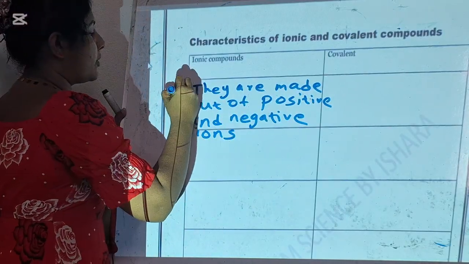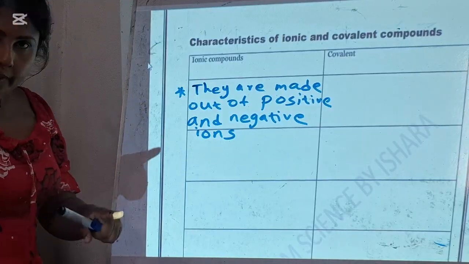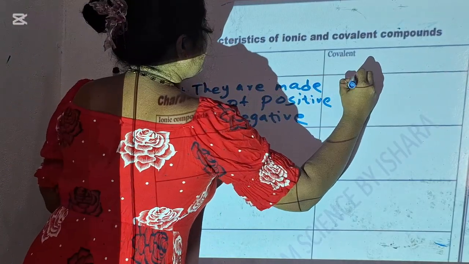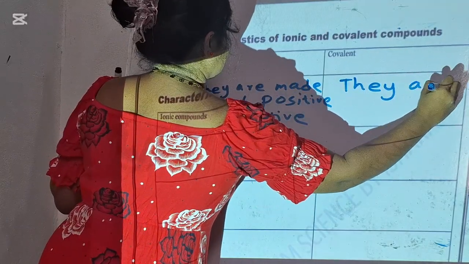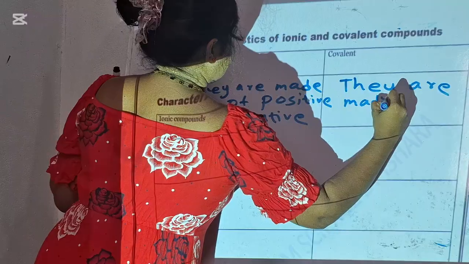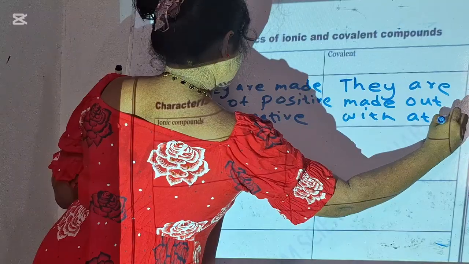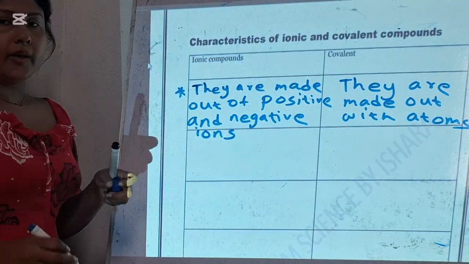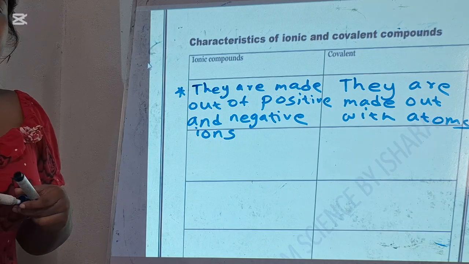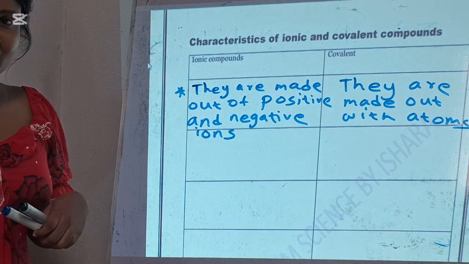But covalent compounds are made out of atoms. Positive ions mean cations, negative ions mean anions.